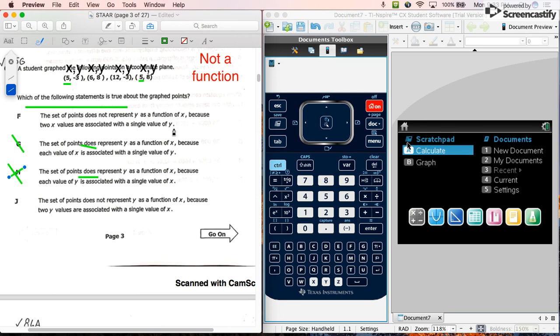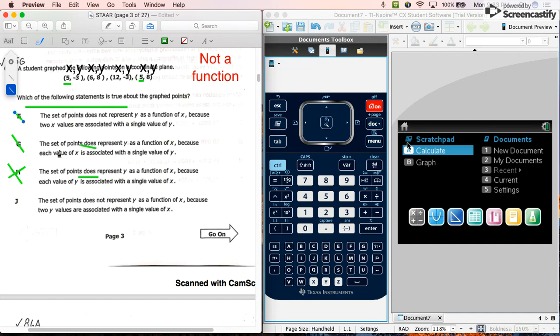That doesn't matter. Remember, the y can repeat. So let's see if I have an example up here. I do. I have a 6 and an 8, and I have a 5 and an 8. My y, my range, is repeating, but that's okay. My x values are different here. I have a 6 and a 5. That's okay. That has nothing to do with why this is not a function. So I can cross off letter F.